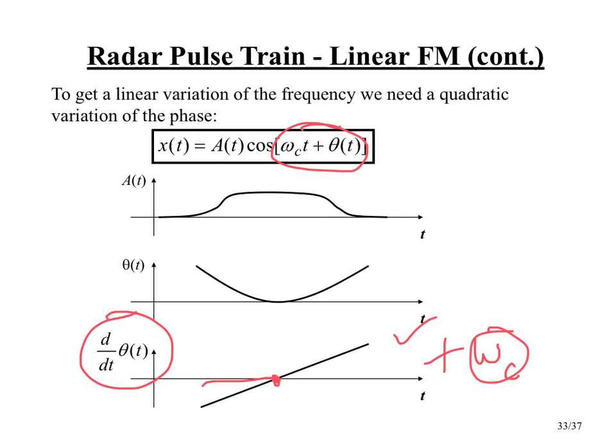In the early part it will be below omega sub c, and in the later part above omega sub c, transitioning from the lowest frequency to the highest frequency in a perfectly linear fashion. This is exactly what goes on inside a particular class of radars using so-called linear FM.